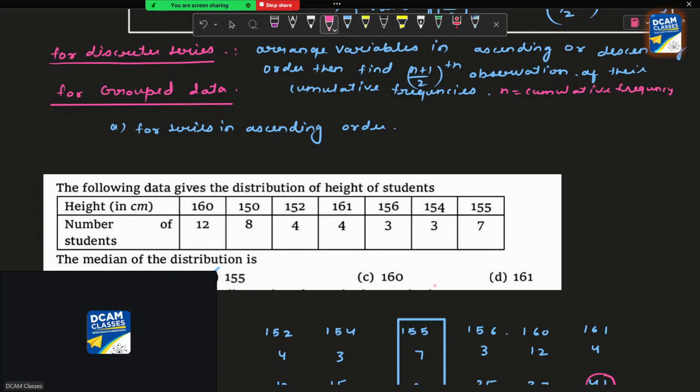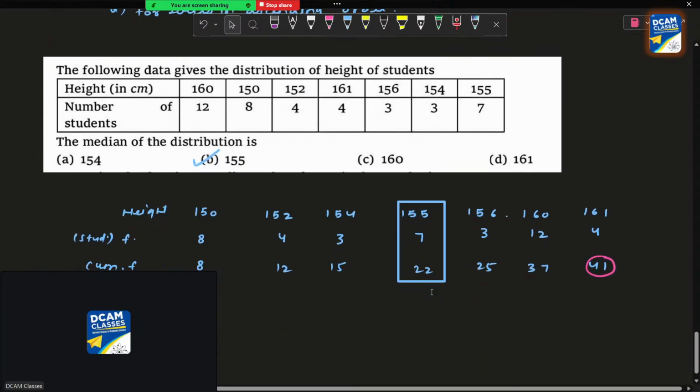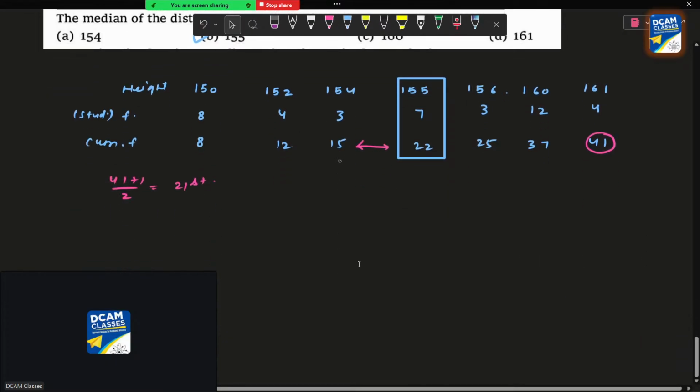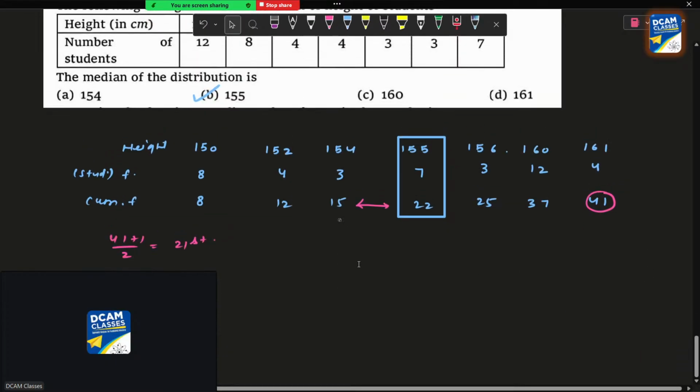Okay, this we know. Here it will lie, na? 41 plus 1 by 2, it's 21st.